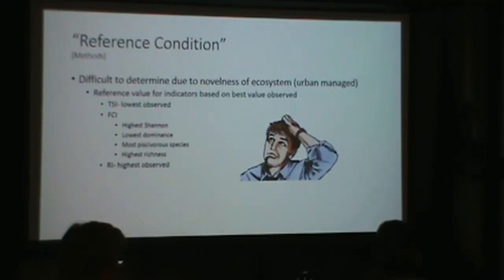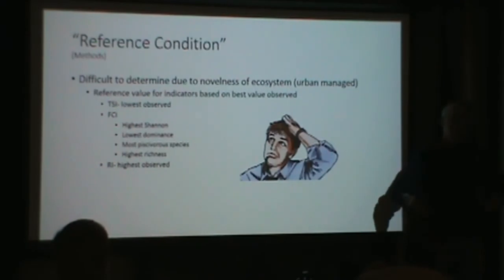But for resacas in the town, there is no such thing as a reference resaca because they are all manipulated. So we need to decide how to establish a reference condition. What we end up doing is determining a virtual reference resaca.